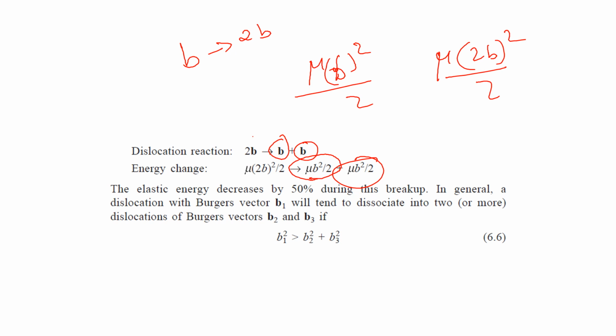Instead of considering them as a single entity, they break up into two, and the elastic energy decreases to 50% of the initial value.